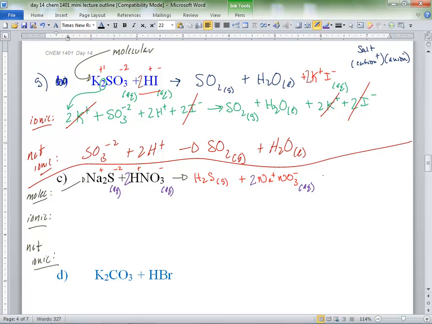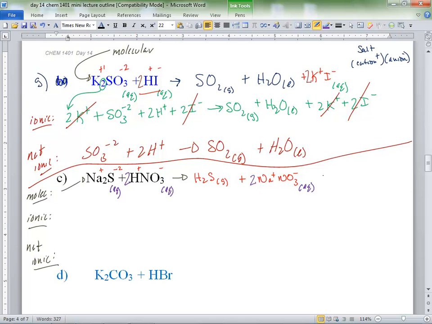Well, what subscript do you put on here? G. Otherwise, when you get to ionic, you might think you have to break it up, but you don't. So the gases, the solids, we don't break up. And liquids too. Anything other than AQ we don't break up, unless it's weak, like the whole acid thing, remember?